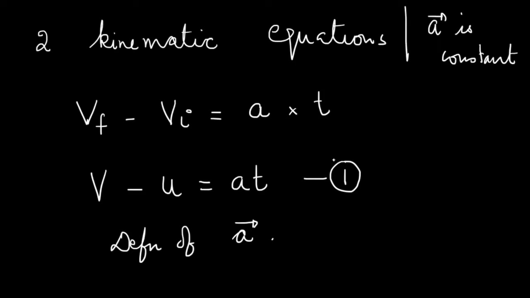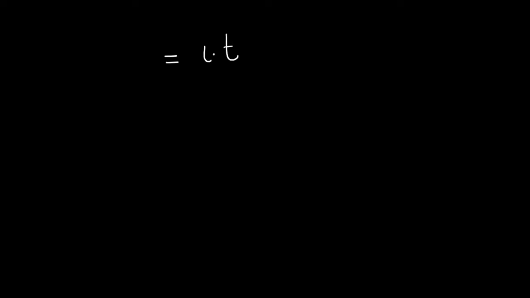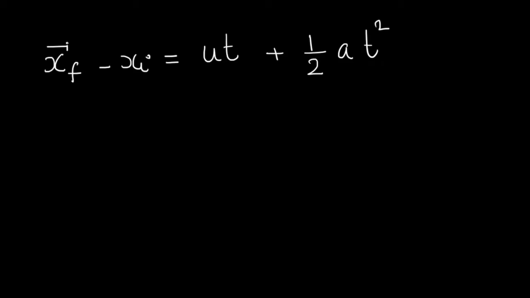But we derived a more insightful second kinematic equation, and that looked like this. I'll just write it as ut plus half at square. Now when we studied in the class, we wrote the left hand side as the final position minus the initial position.